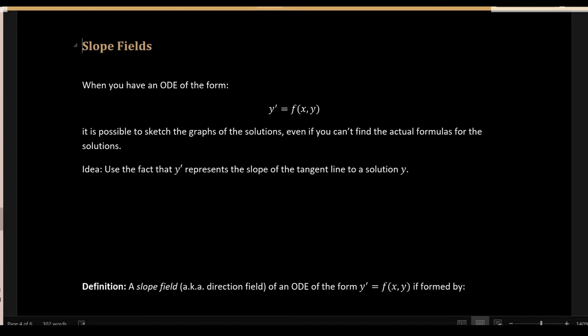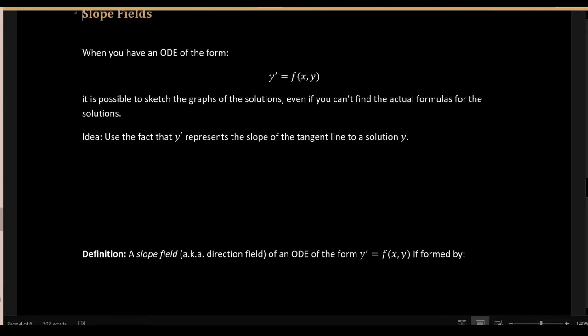We can do this when we have an ODE of the form y prime equals some expression containing just x's and y's. So this ODE contains only a first derivative. It doesn't contain any second derivatives or third derivatives, etc. And we have something like y prime equals some expression containing x's and y's on the right side.